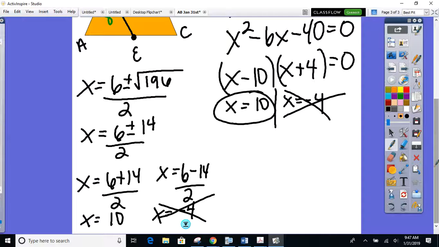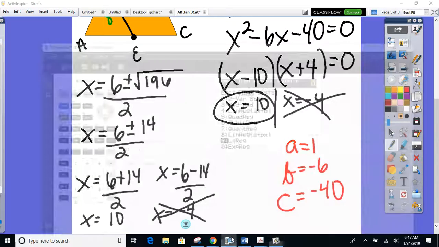Just real quickly, where are you getting the 196 from? You have an A, a B, and a C value, correct? So I have an A value of 1, a B value of negative 6, and a C value of negative 40. We're good with those values. I go to my calculator.